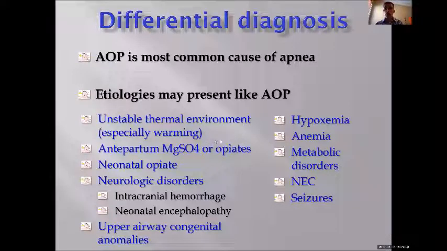Using opiate as an analgesia for the mother. Using opiate as an analgesia and sedation for the baby. Bleeding, stroke, and neonatal encephalopathy can cause apnea. Upper airway problems, different types. Hypoxemia from different reasons can cause apnea. Anemia. Different metabolic disorders. Necrotizing enterocolitis. Seizure can present as apnea.